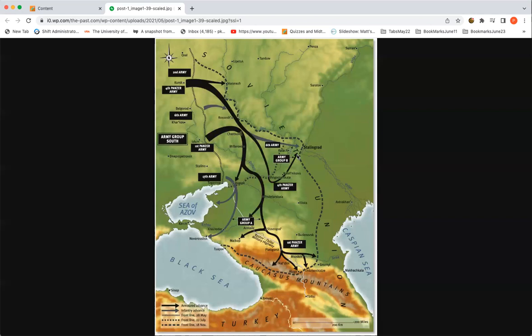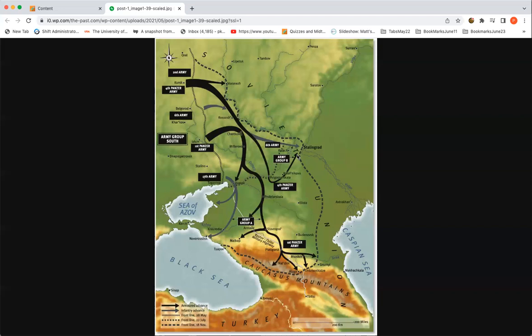There's a Soviet counterattack along the way, which is defeated pretty quickly, but it slows down the German army as it makes its way towards Stalingrad, and this is going to prove significant later. But on the whole, the Wehrmacht, the German army, as it moves towards Stalingrad, has been resupplied.